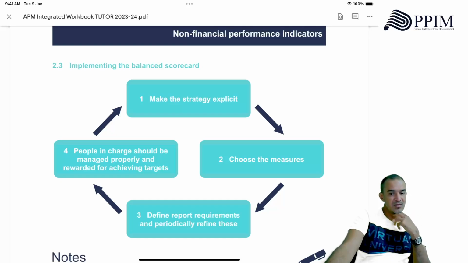Choose the measures, define the report requirements, define the periods, people in charge should be managed properly, and rewards given for achieving targets.